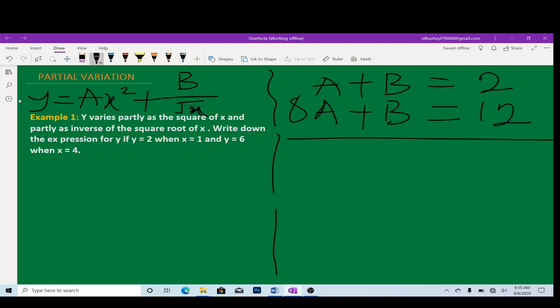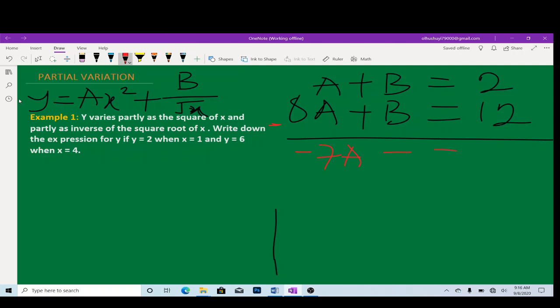Since these are the same thing, I can subtract. Let me indicate with a different pen. So I subtract the two equations. A minus 8a, that will be minus 7a. b minus b, gone.